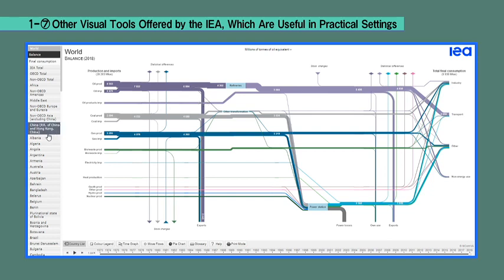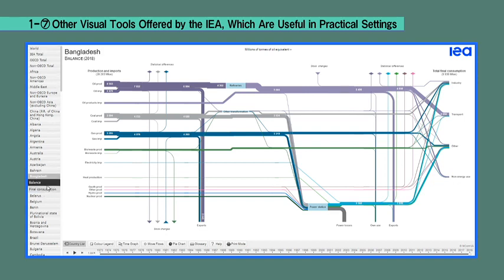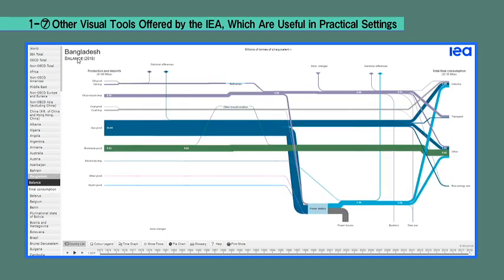The left side contains the country list. For example, click Bangladesh, and you see the data for the country. So, this is basically how it works. This page shows the total energy flow from supply to conversion and final consumption.